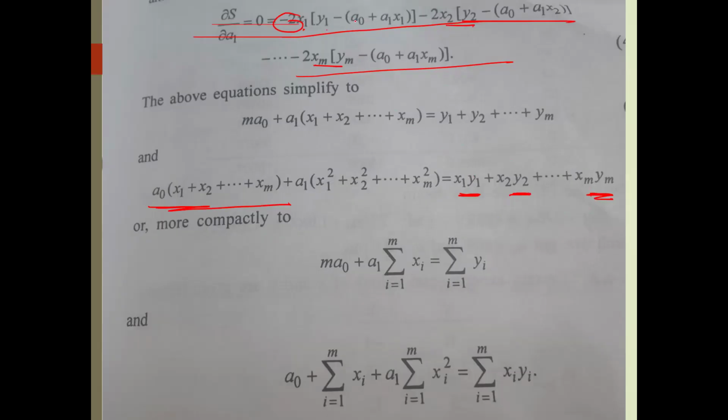This is one term. And here a naught: if I take a naught common, x1, x2, up to xm. Next, x1 into x1, x1 square, x2 square, up to xm square.